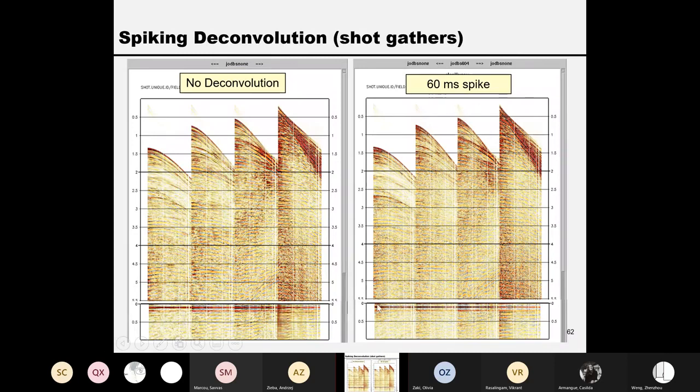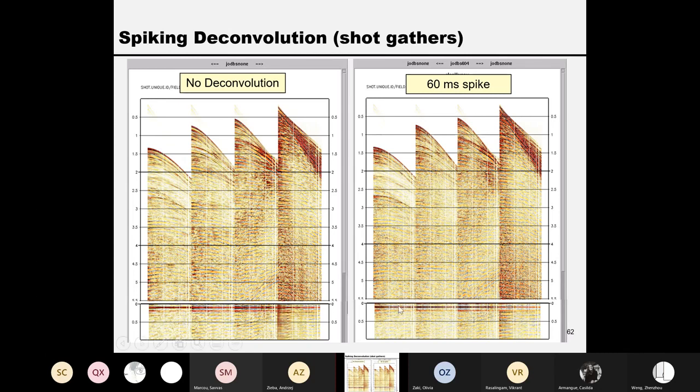You can see here, in this autocorrelation, zero lag untouched, and between the zero lag and here the multiples inside are much clearer. However, this multiple here actually is still here, right? So that means this 60 milliseconds filter length is too short.